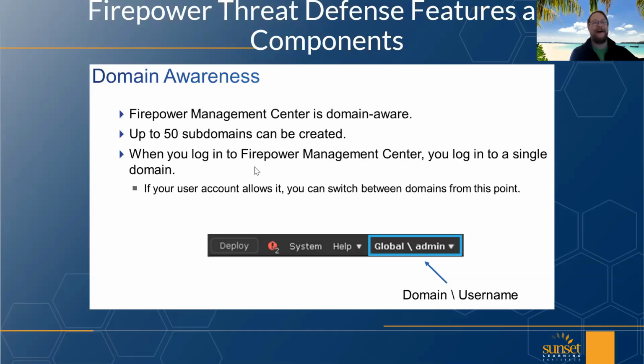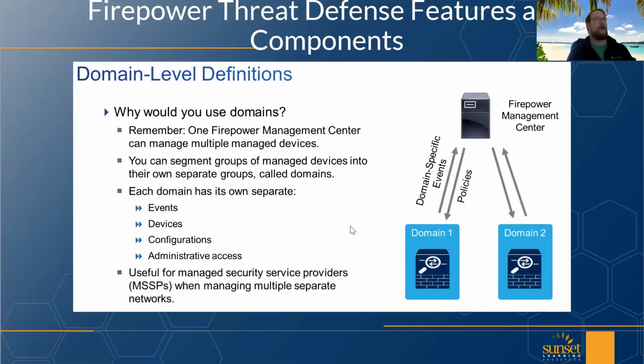But just from the FMC, a single domain can hold 50 subdomains. And when we say subdomains, folks, that could be different customers, different organizations or departments in your organization, or different regions. It really just comes down to how you want to slice and splice it. There's no real recommendation there. It's just how do you want to use it?